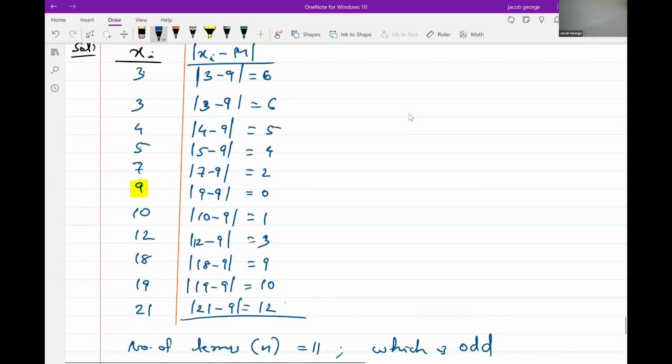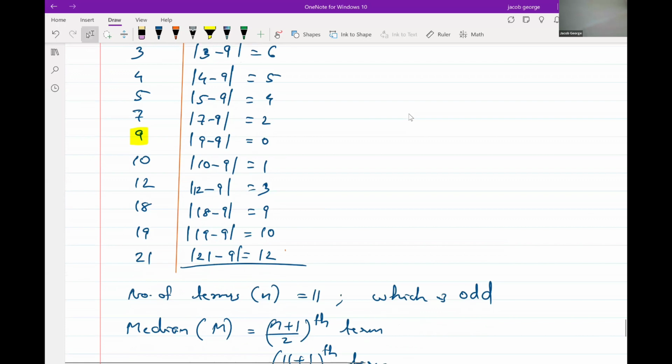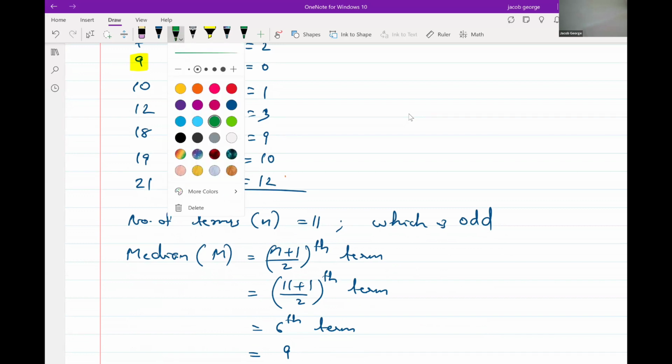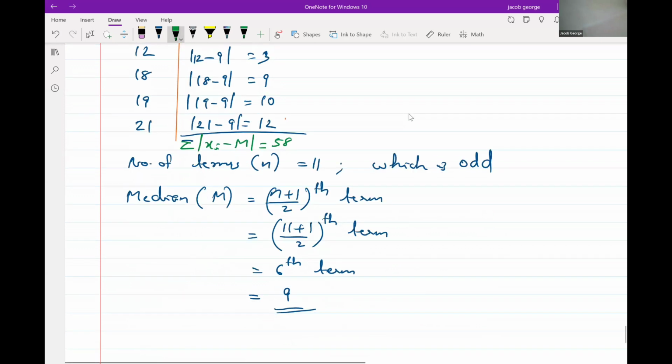So sigma modulus xi minus m is calculated. Sigma modulus xi minus m is equal to 58. Then you will write the formula.